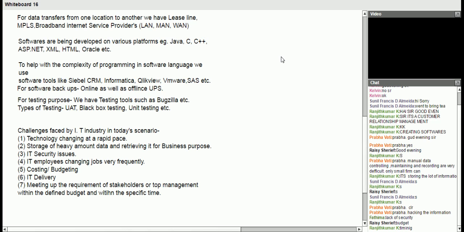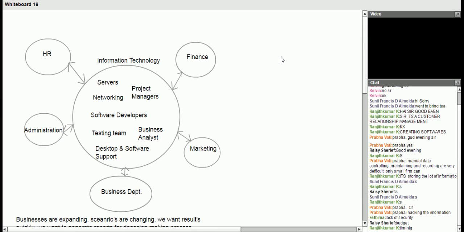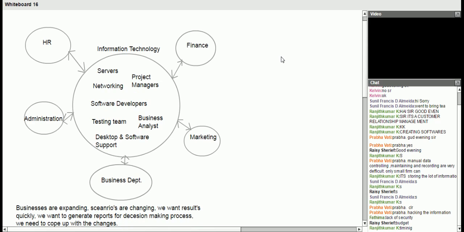Seventh, meeting the requirements of the stakeholders or top management within the defined budget and within the specific time. So overall, I think this explanation has given you the overall structure of IT, how IT operates in today's business scenario, and why IT is so important in today's world.